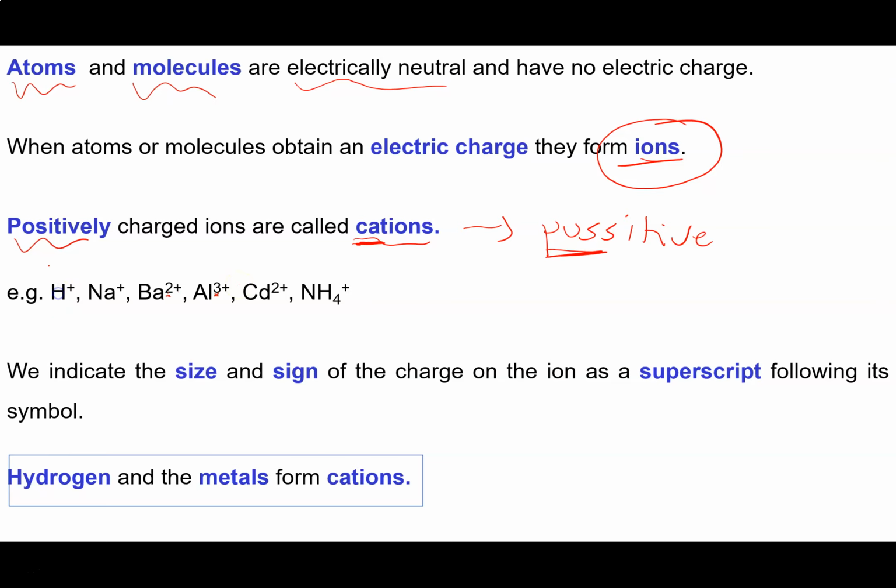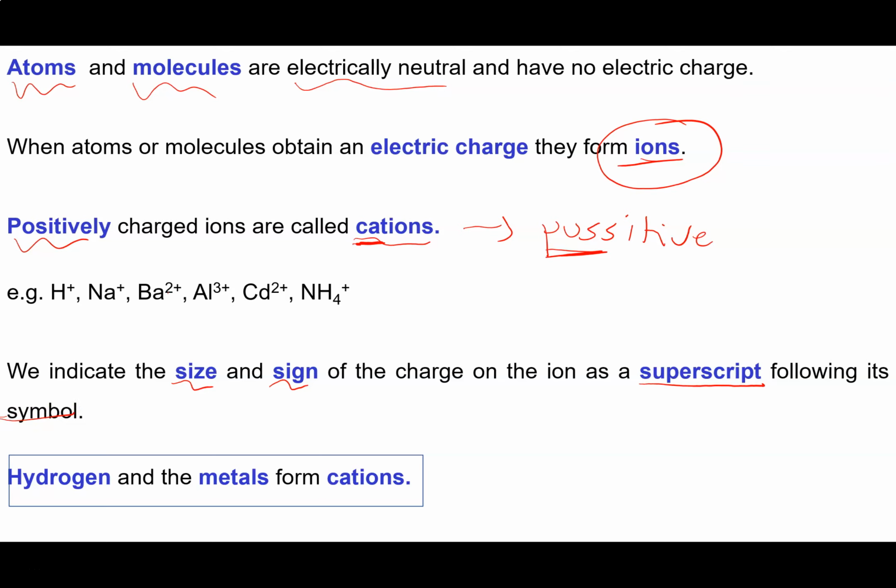So the charge comes as a superscript after the substance's symbol. So we indicate the size and the sign of the charge on an ion as a superscript following its symbol.